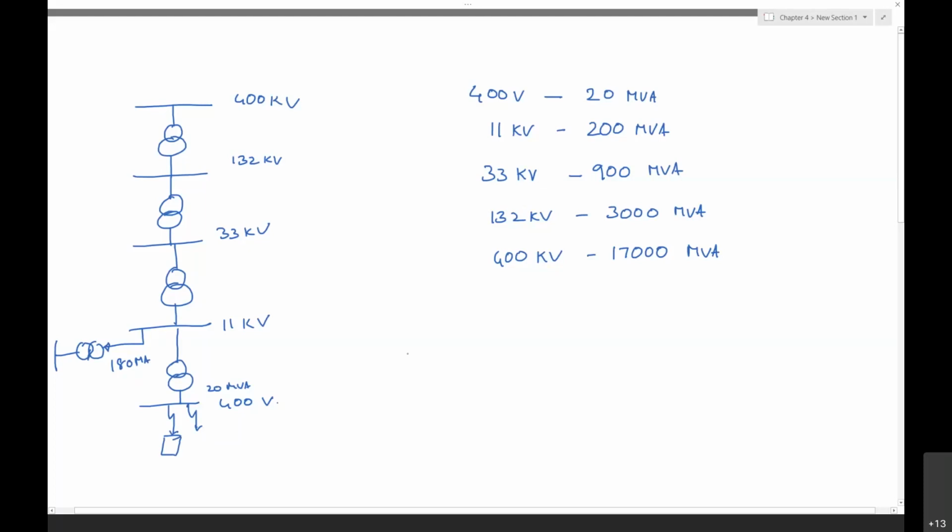If the fault has occurred at 400 volts, we are interested in finding out the voltage at the 11 kV line, the voltage at the 33 kV line, then the voltage at the 132 kV line, and then the voltage at the 400 kV line. This is what we are going to look into.